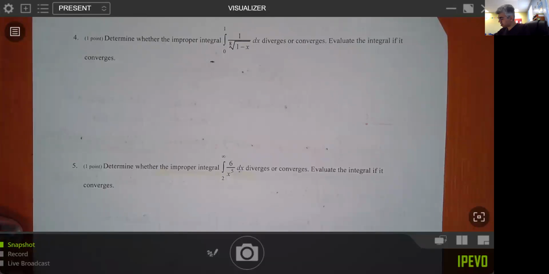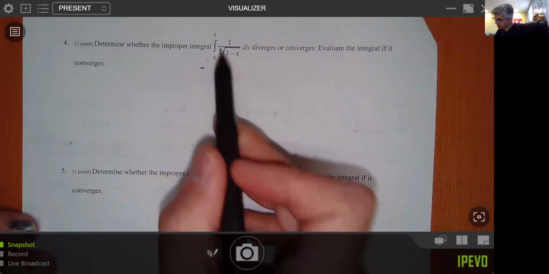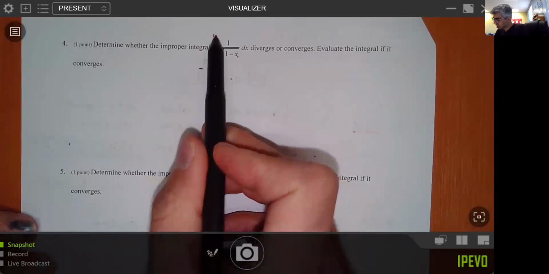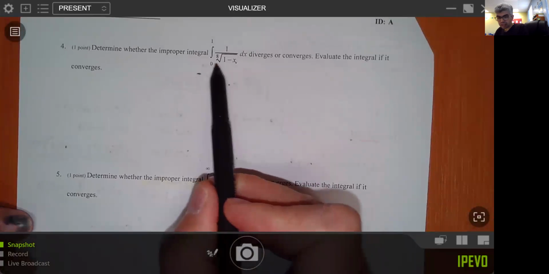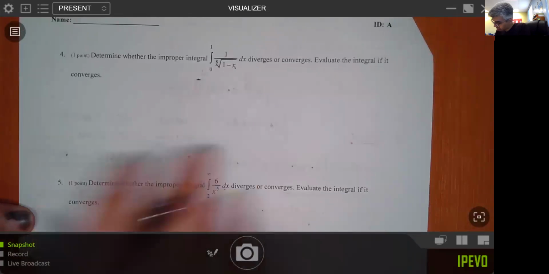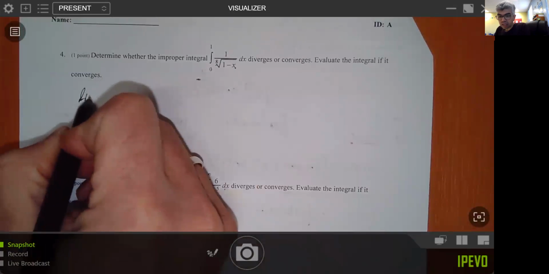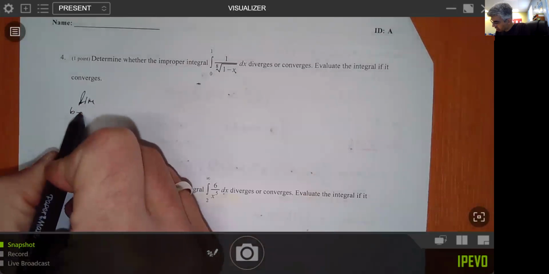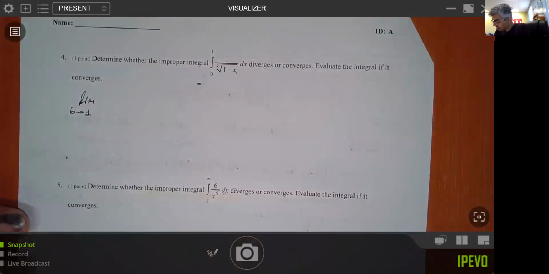So here the function is undefined at 1, but the integral is from 0 to 1. And in this case, we have to use the limit notation, right? And how do we write it? So we have limit as b approaches 1. 1 from the left side or right side? What do you think?